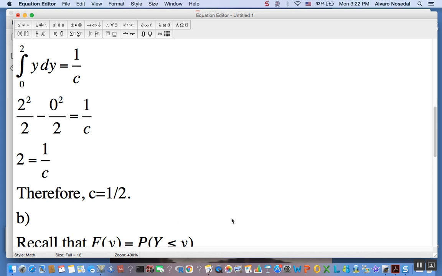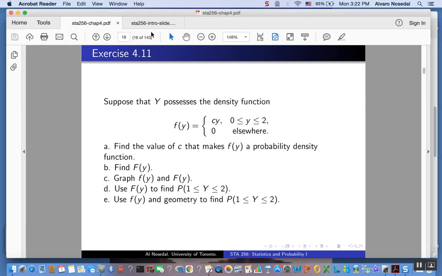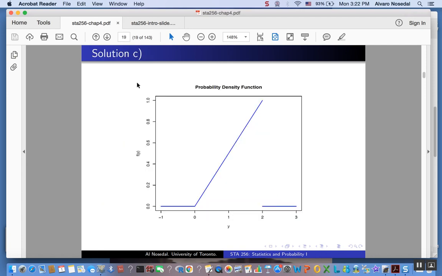So that's a line with a slope of 1/2 and y-intercept of 0. I think I have a nice graphical representation of that here in our lecture notes.